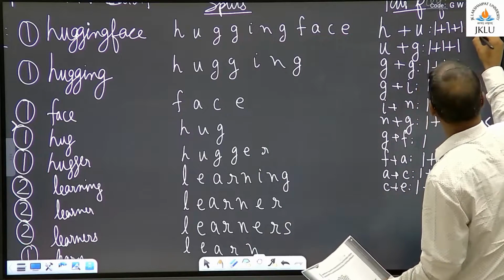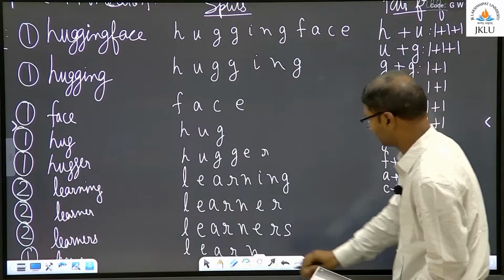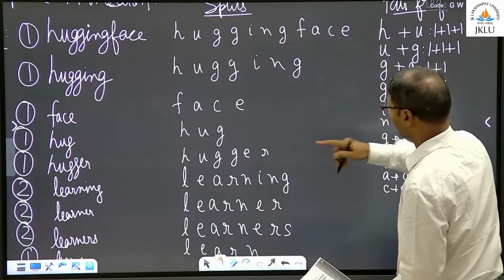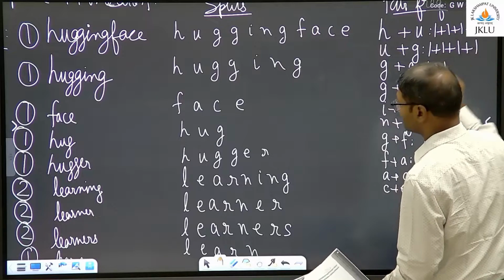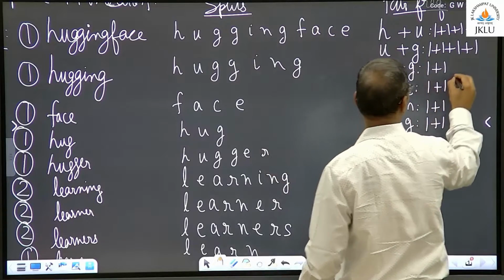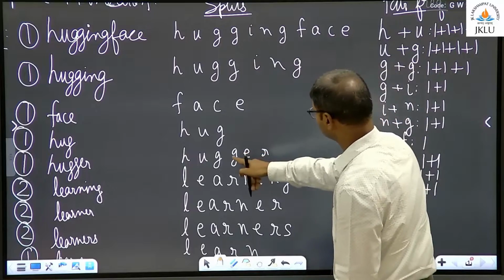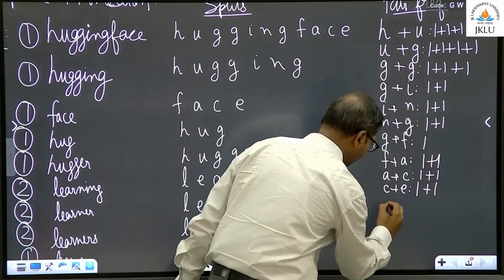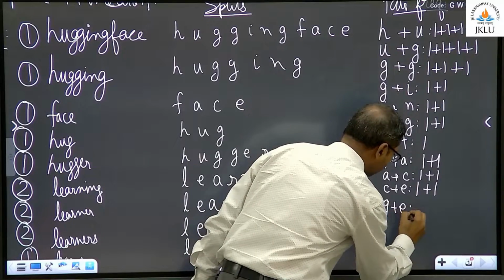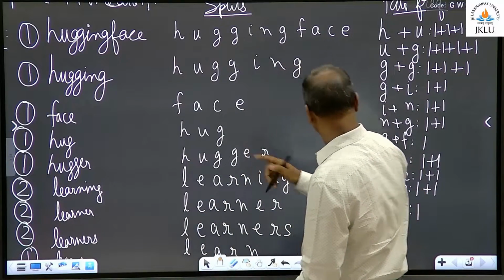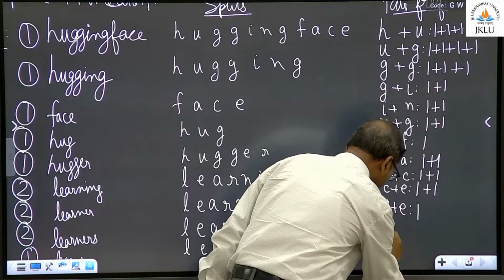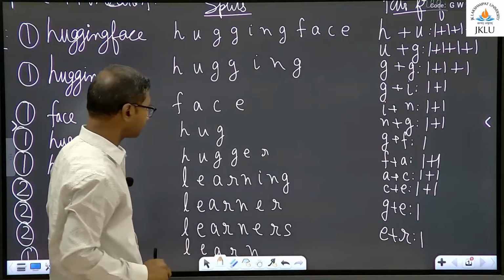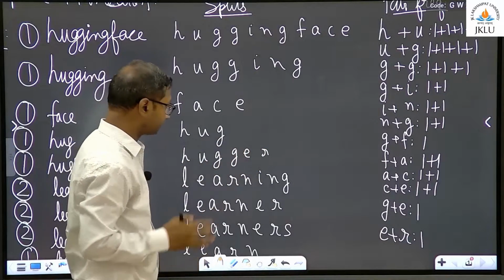So plus 1, plus 1, plus 1. GG is also plus 1. GE, this is a new pair, so G plus E once. ER new again, E plus R comes once. This is done? Okay.